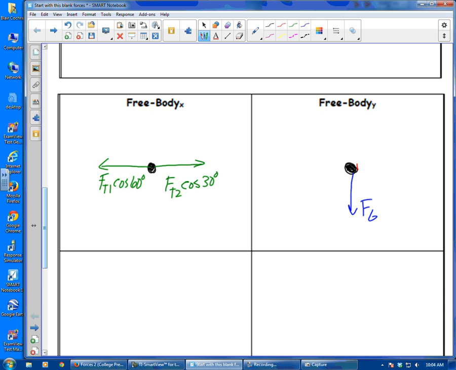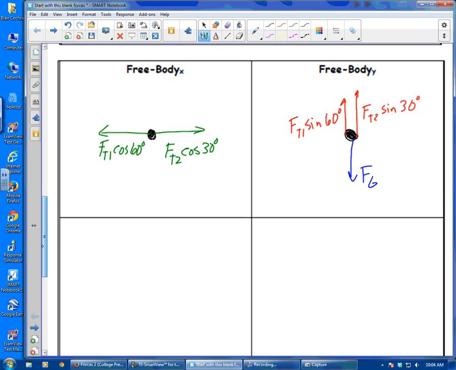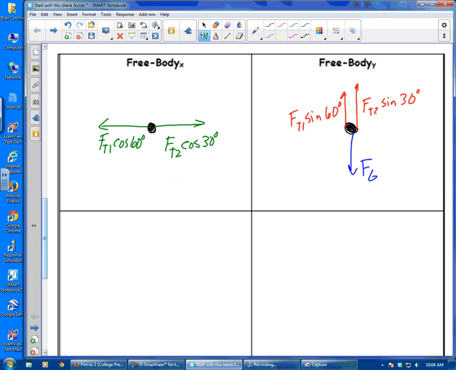And I have two forces upwards: FT2 sine 30 and FT1 sine 60. And so now I've taken all of those forces and broken them into horizontal and vertical.